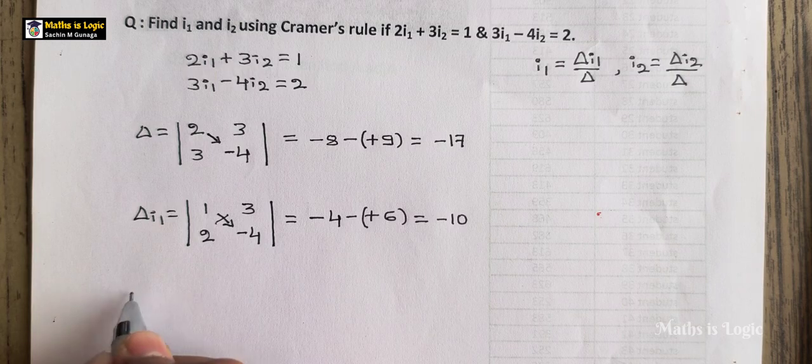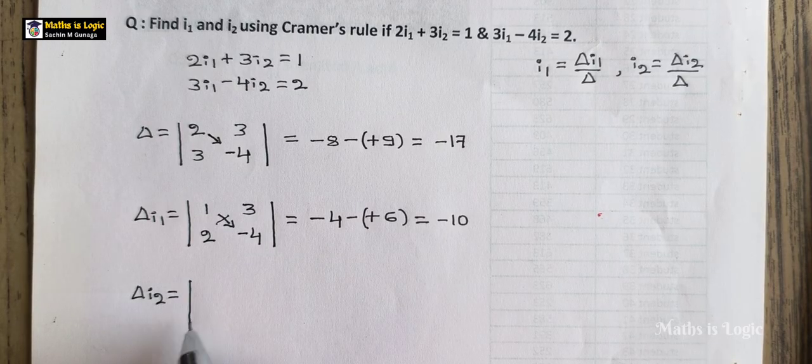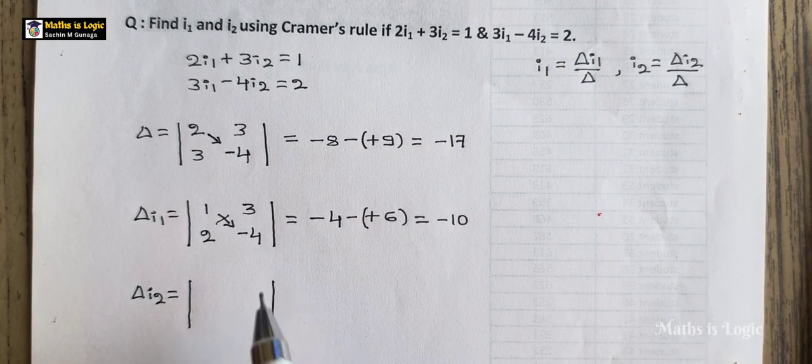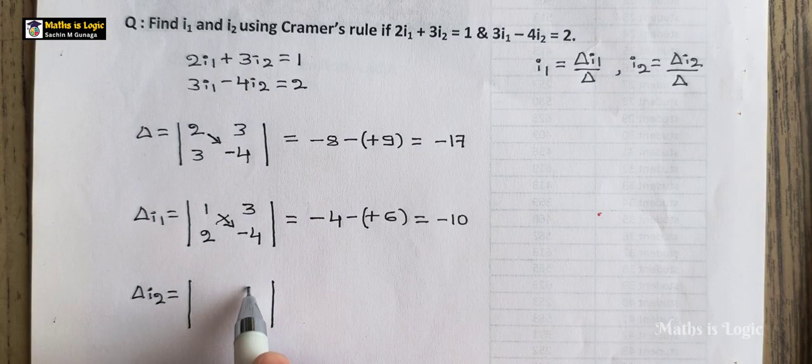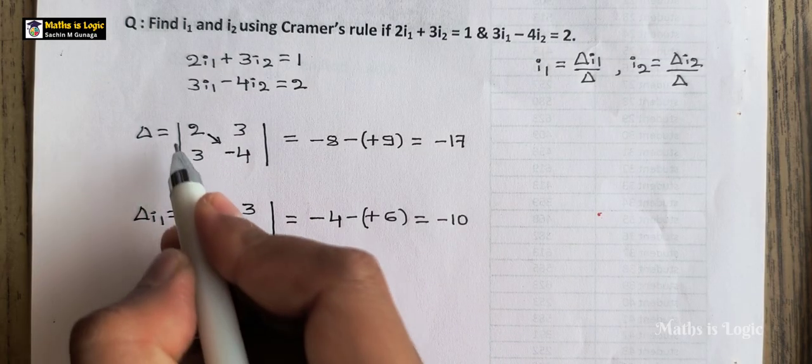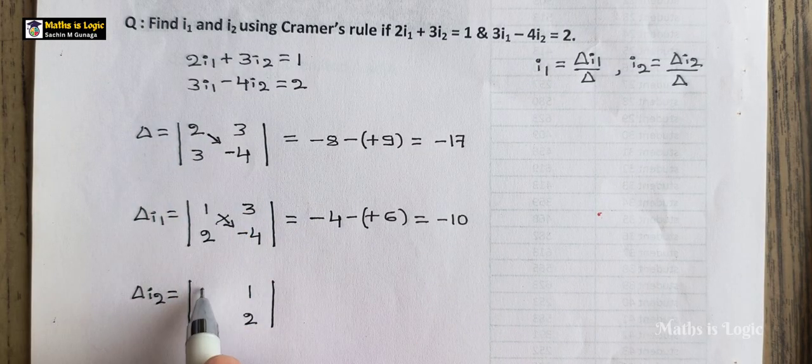Next, delta I2 is equal to. To get this delta I2 value, in delta the second column is replaced by these two constant terms, that is 1 and 2, and the first column in delta keep as it is, 2 3.